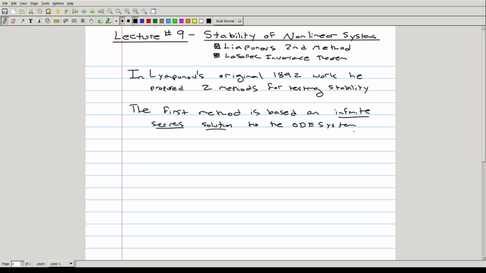It's a powerful method. However, the second method, sometimes called Liapunov's direct method, is more direct and is what we're talking about today.